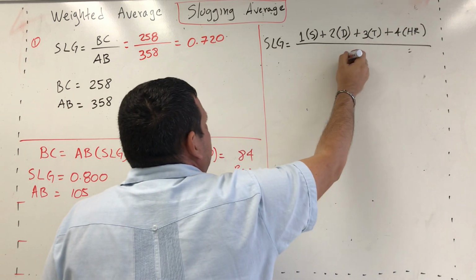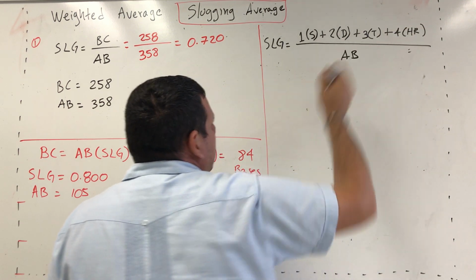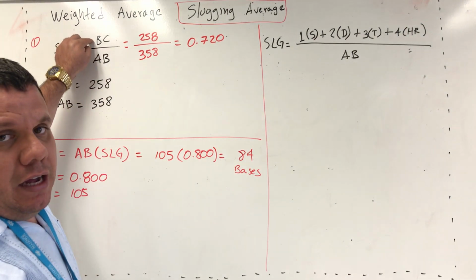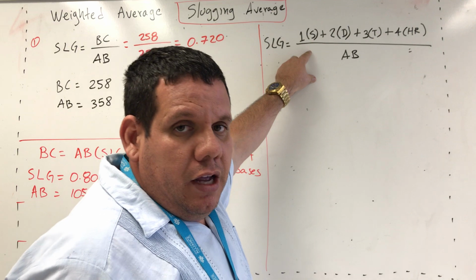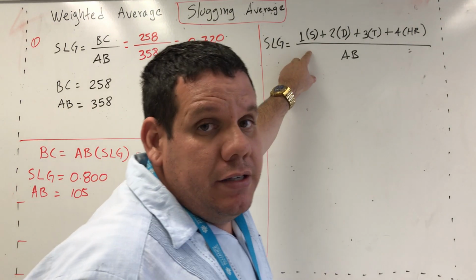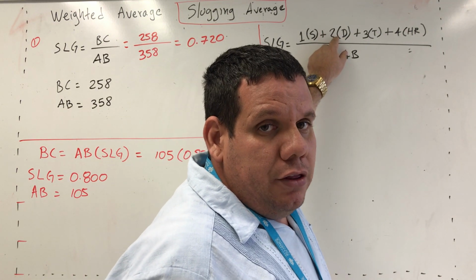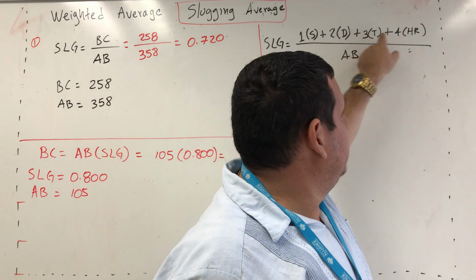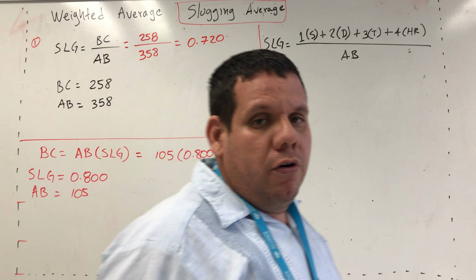And everything should be divided by the at bat. Okay, so as you can see, the bases counted is actually this. If you have one single, it's only one base. If you have a double, 2 bases. If you have a triple, 3 bases, and you have a home run, 4 bases.